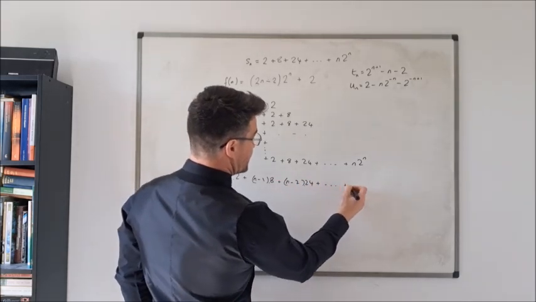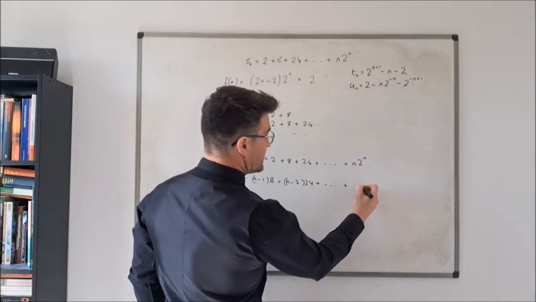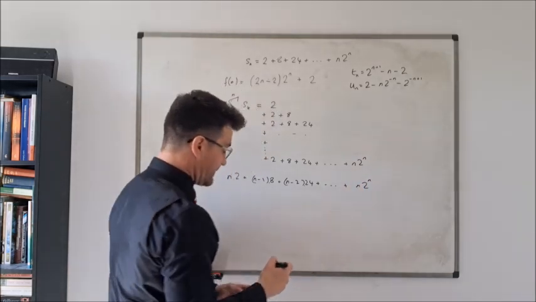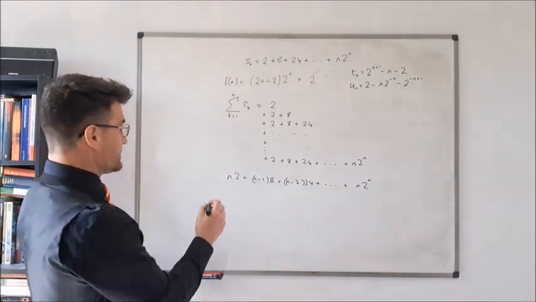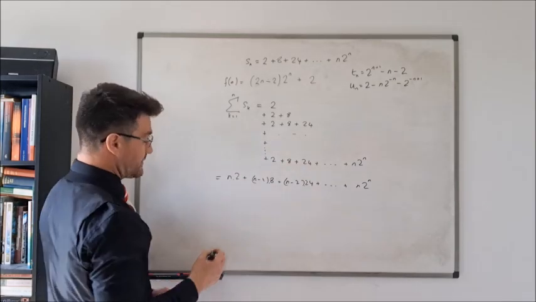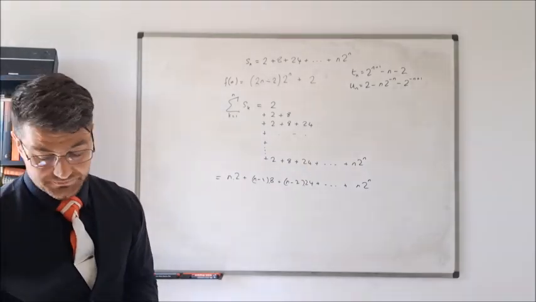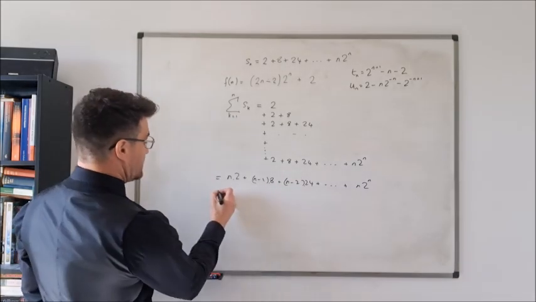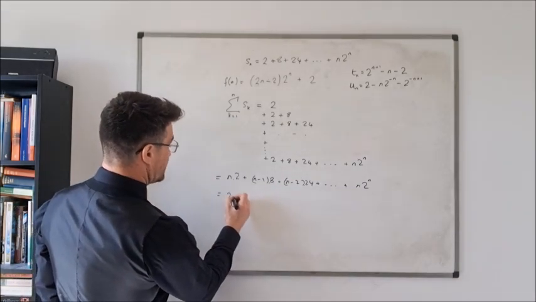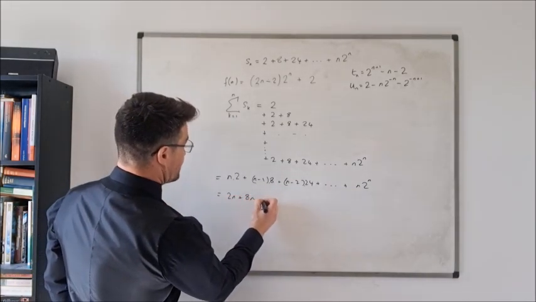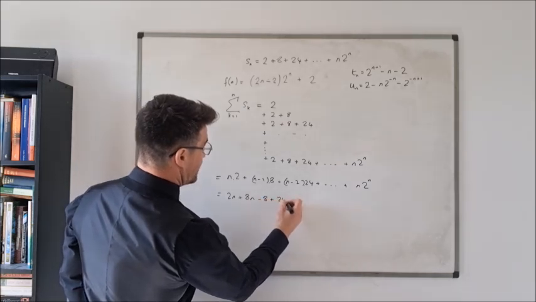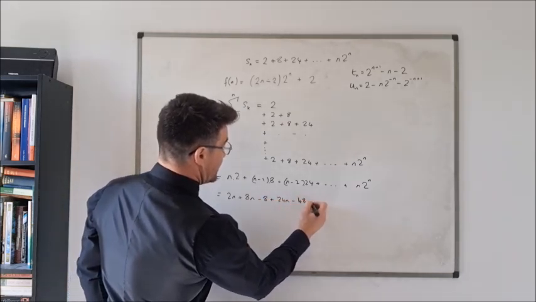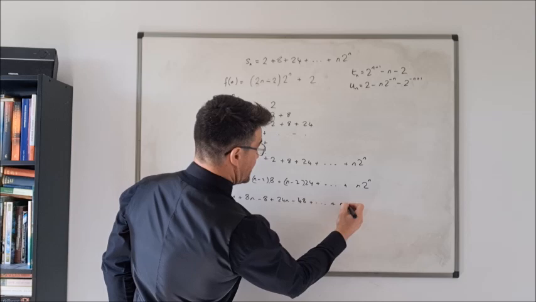And right on the end, there's just going to be a single n times 2 to the power of n. This was my original idea, okay? So this sum is going to be equal to this. And I expanded all of this out. So you get something like 2n plus 8n minus 8 plus 24n minus 48 plus, and so on, plus n times 2 to the power of n.